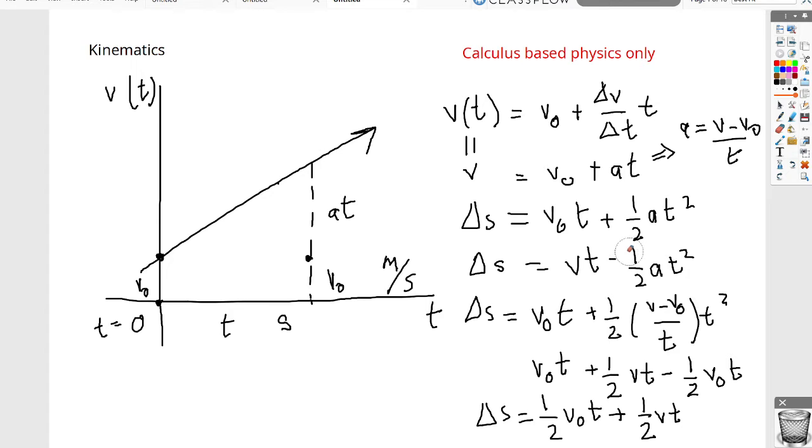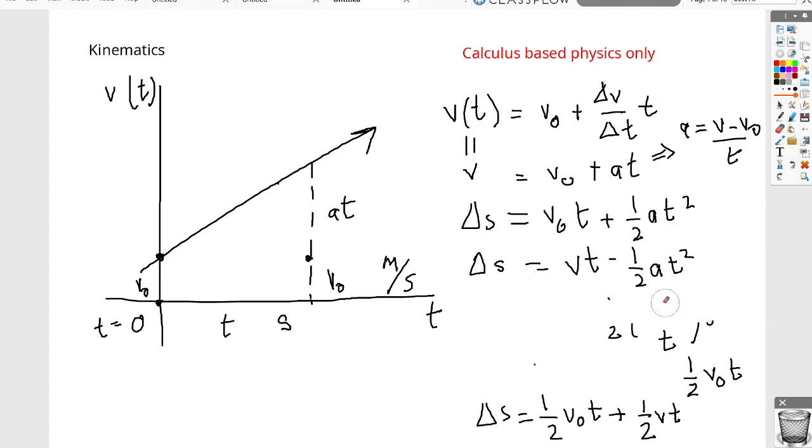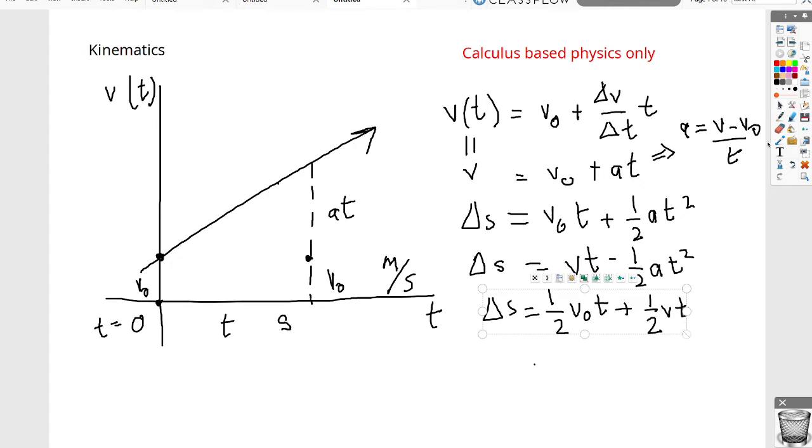Maybe you think it's a little bit more complicated for me to write this as this, but I think it's simpler. Let's move this up here, and let's make it T over 2 times V plus V naught. That's the fourth kinematics equation.